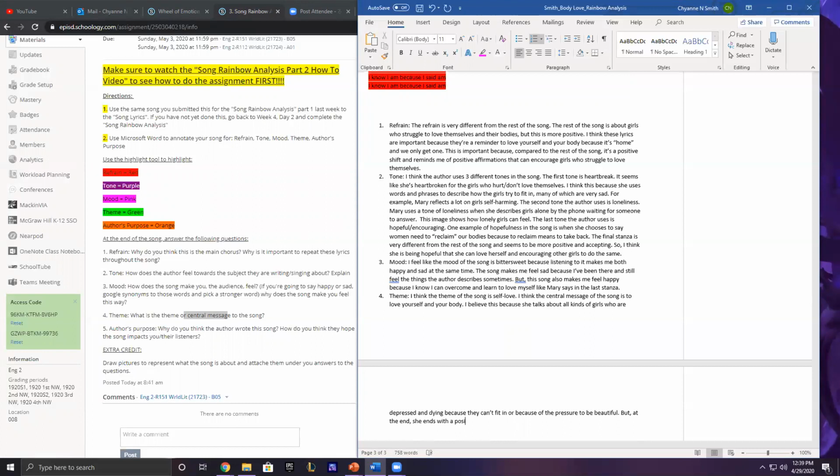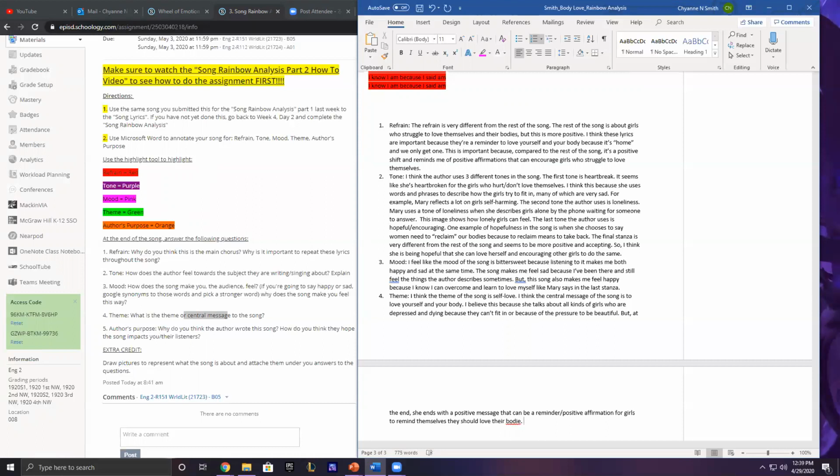I've been describing the end as a positive message and I just want to keep reiterating that. It can be a reminder, a positive affirmation for girls to remind themselves that they should love their bodies. Let's go with that.